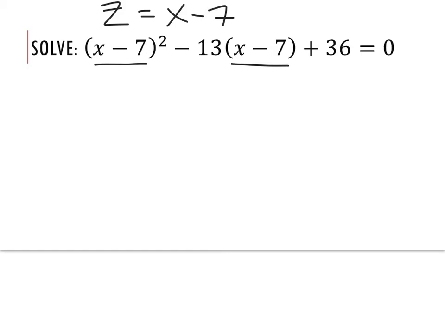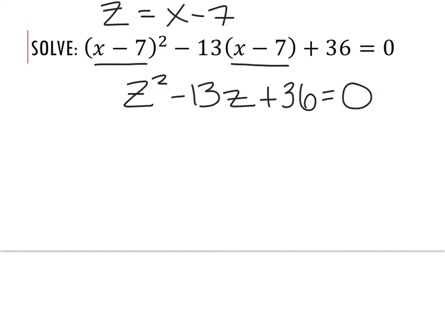So this first thing, (x minus 7) squared, I'm going to write z squared. I see another one, so instead of writing minus 13 times (x minus 7), I'm going to write minus 13z. I have plus 36, and that equals 0. Can I factor that? Absolutely yes, which is what we're going to do.